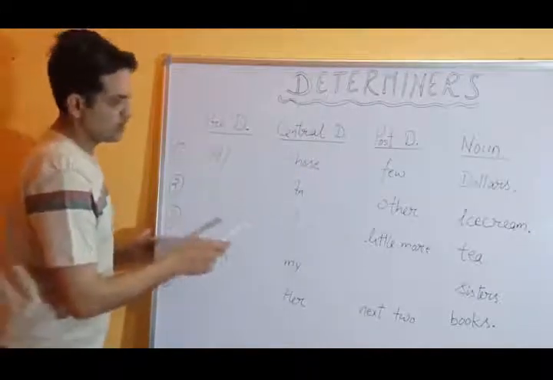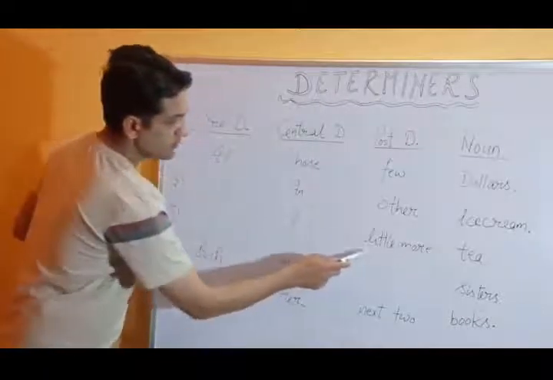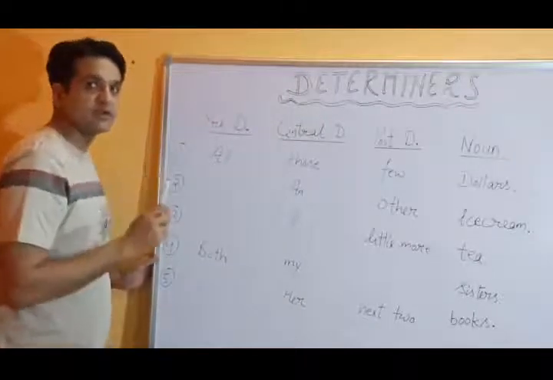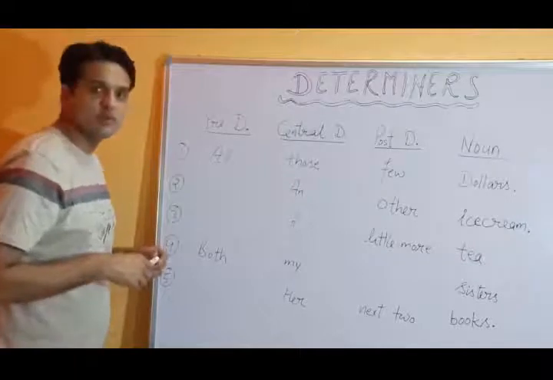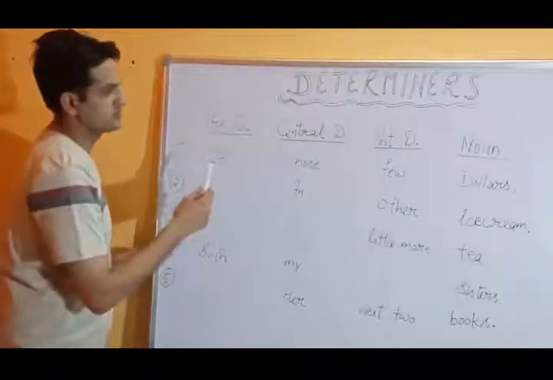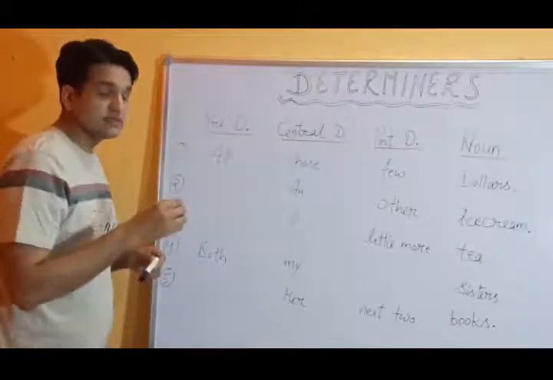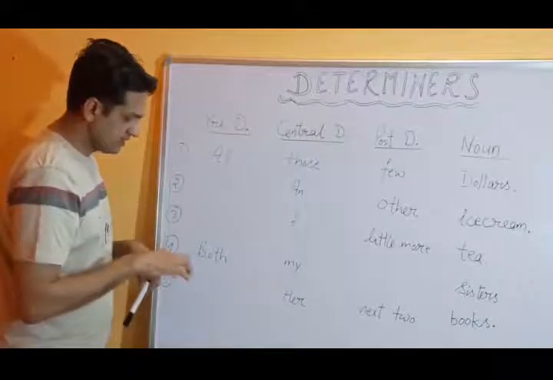Then we have a little more tea. Here there are three determiners, but we need to identify the category of the determiner. If there are three determiners, it doesn't mean we put them in the pre, central and post positions. We need to understand which determiner's position will be which. Let us see.